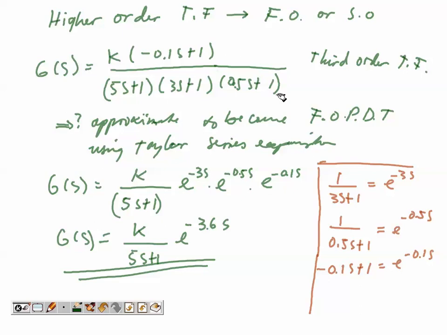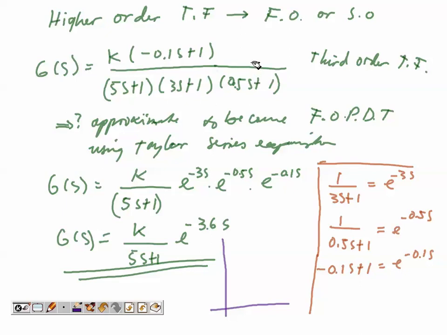For the Taylor series approximation, if we draw the graph, this is the original transfer function.